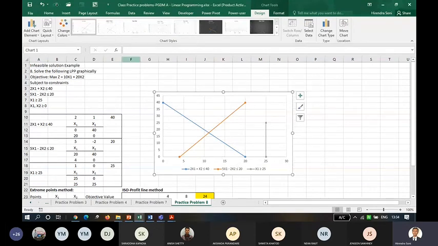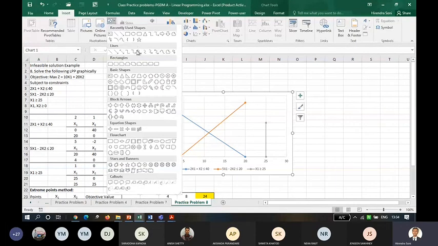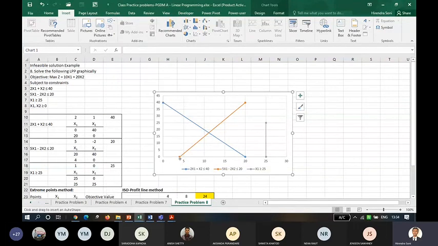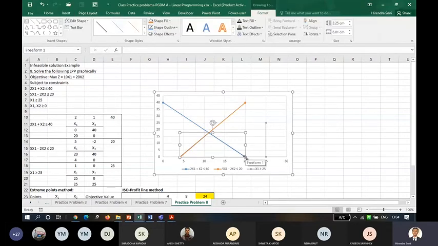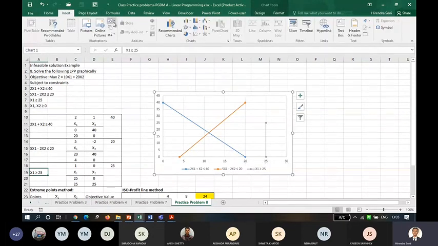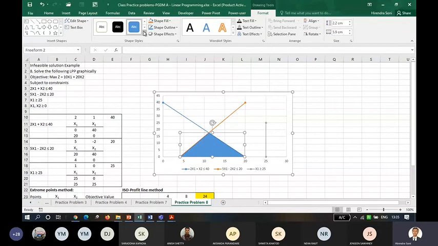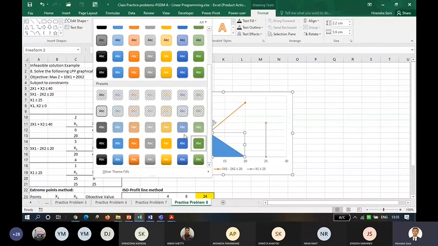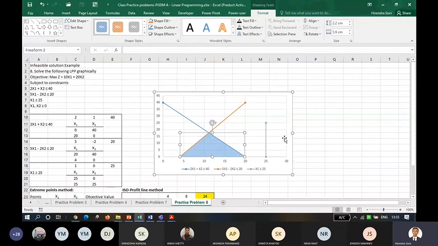So that means it is referring to a region. Now here I have regions at two places: one is this region and the second is this region.